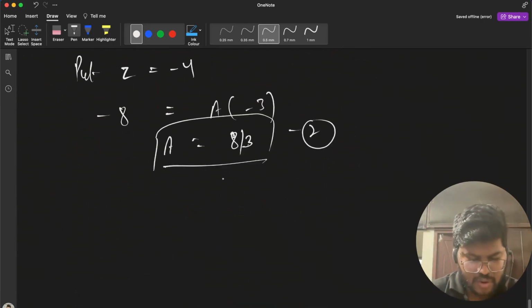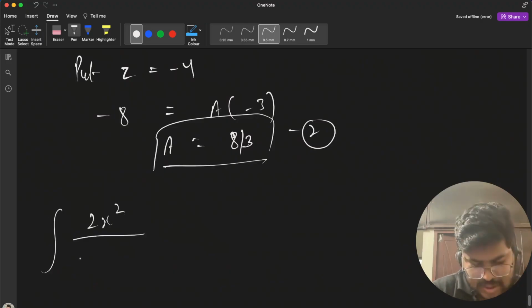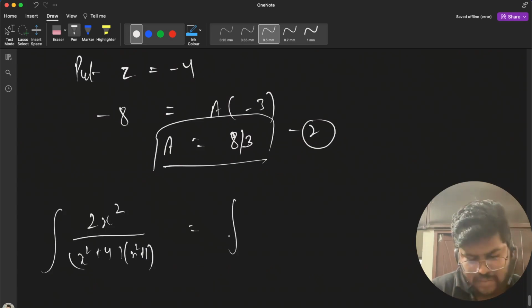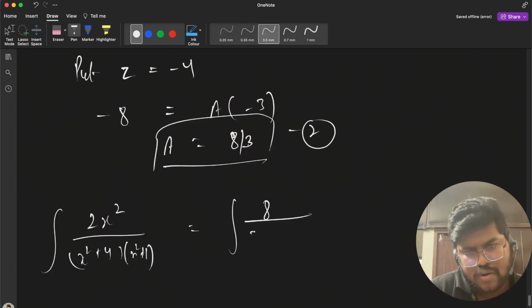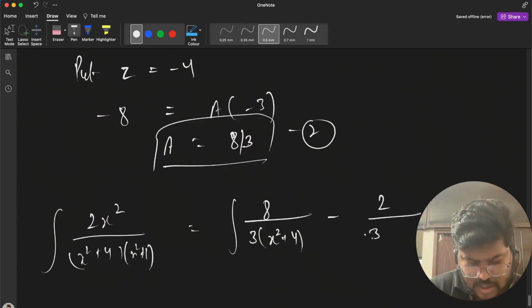Now what we have to do is to directly integrate. So the integral of 2x square upon (x square plus 4) into (x square plus 1) is 8 upon 3 times (x square plus 4) minus 2 upon 3 times (x square plus 1) dx, right?